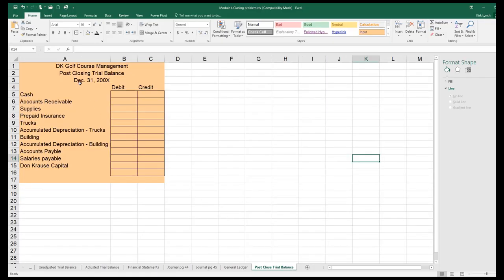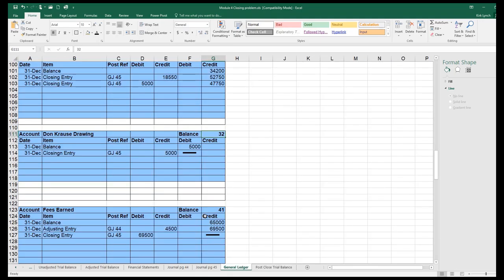You'll notice I've provided a template here. I've already filled in the header and everything. And the only accounts that are left that have balances in them are assets, liabilities, and the owner's capital account. And we're just going to copy the balances from our general ledger into the right place here and do our post-closing trial balance.